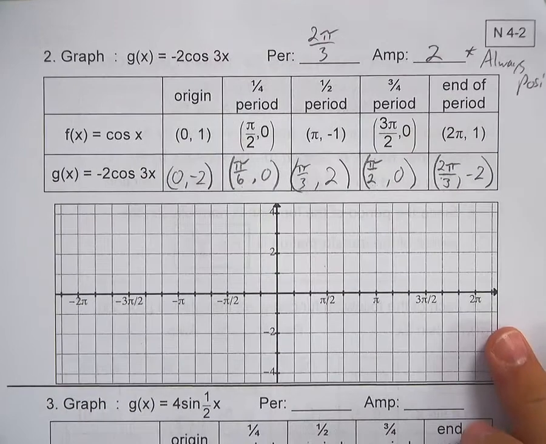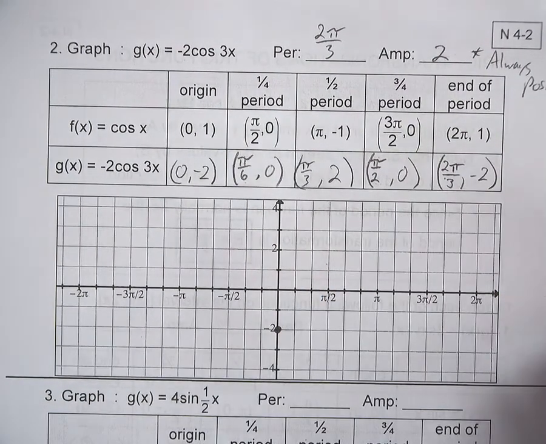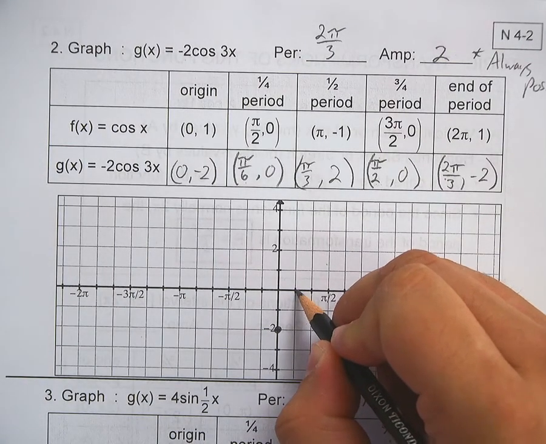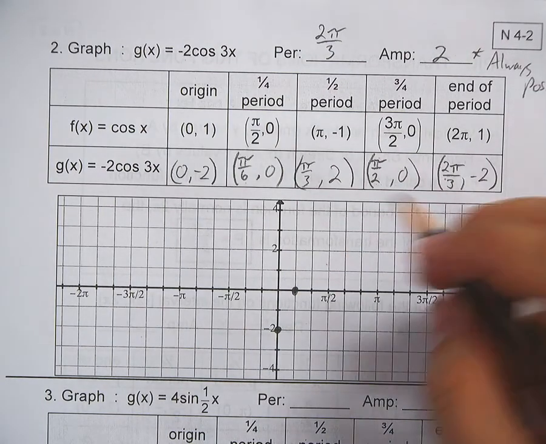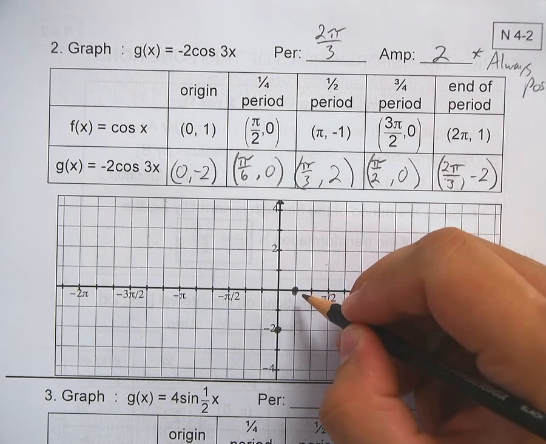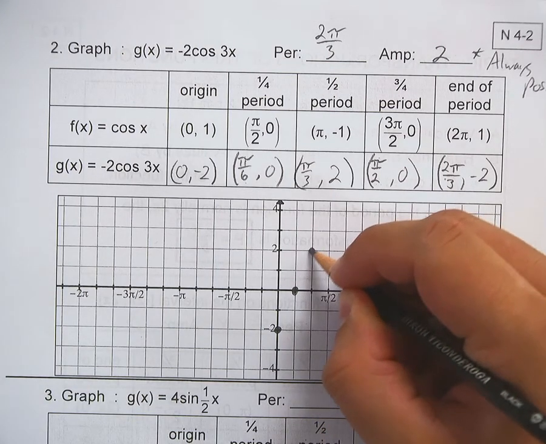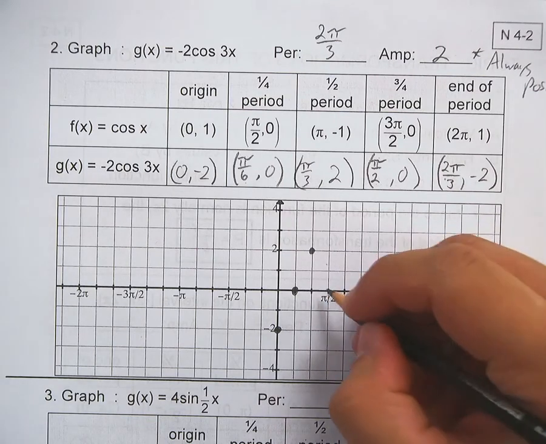Let's plot these points. Starting at 0, negative 2. Pi over 6, which is here, comma 0. Pi over 3, comma 2. Pi over 3 is here, 2. Pi over 2, comma 0.